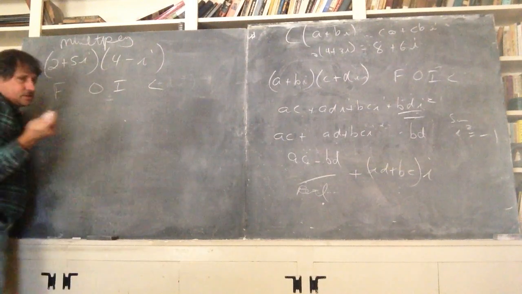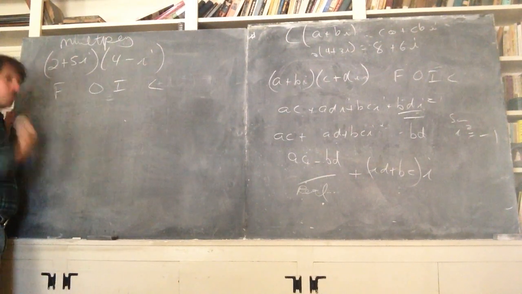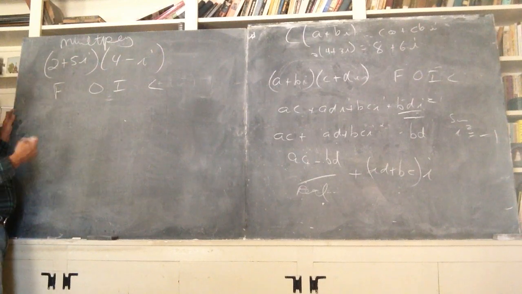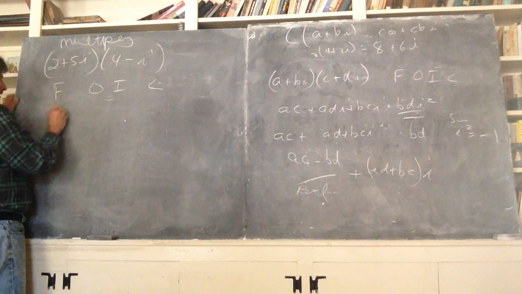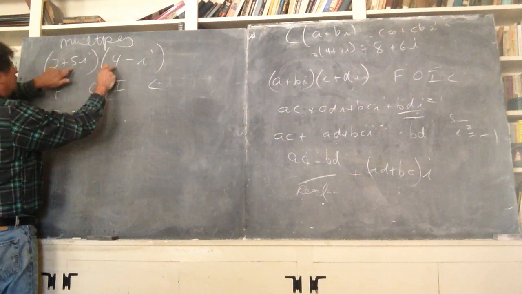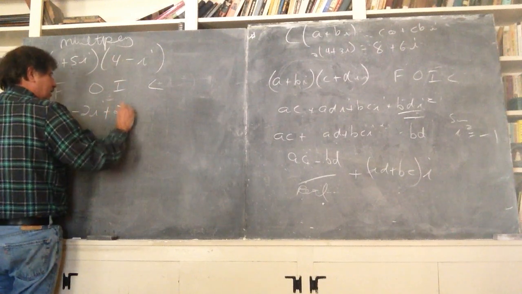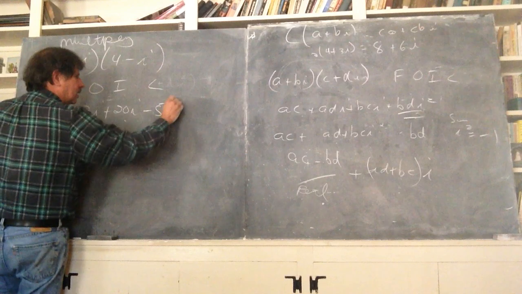Whether or not you like this acronym, FOIL is a great way to remember how to multiply binomials. You need to do 8 minus 2i plus 20i minus 5i squared.